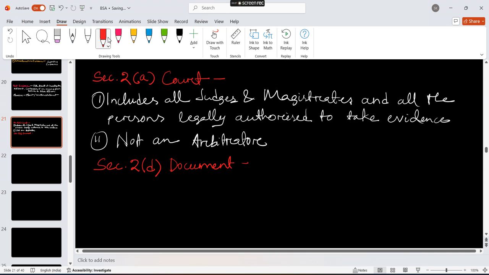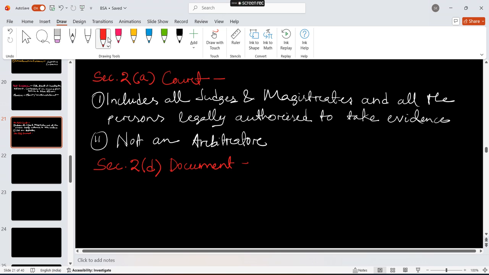In the first place, it is written that a document is any matter. And the matter needs to be expressed or described. Either you are describing the matter on a page, as a painting, as a caricature, or you are writing on a wall. Everything can be a document.